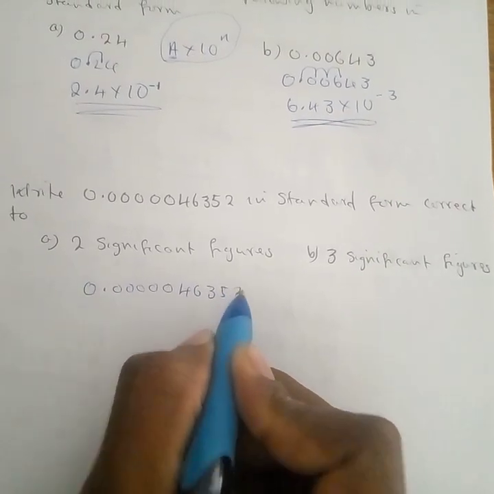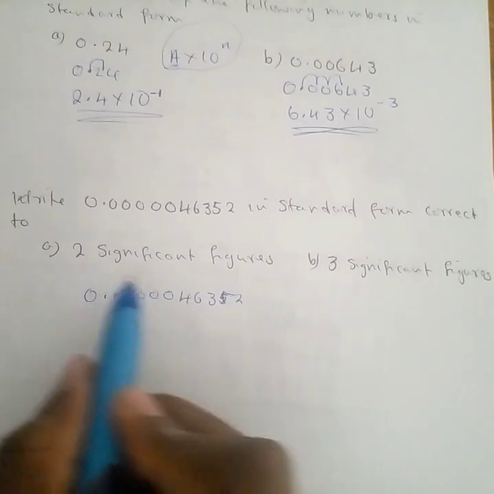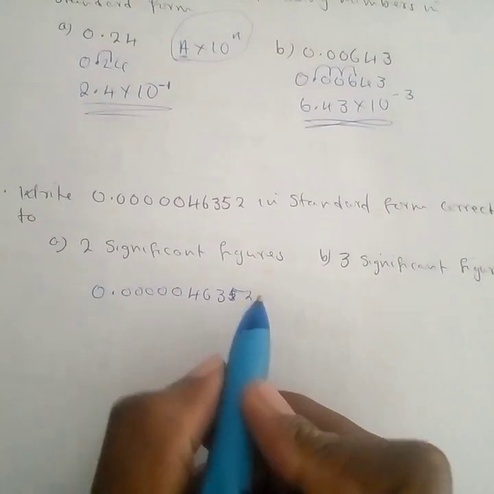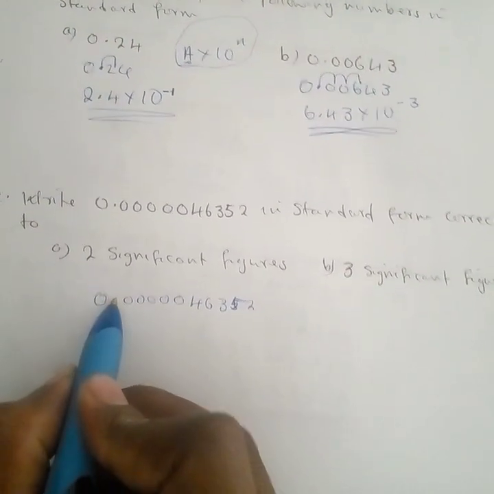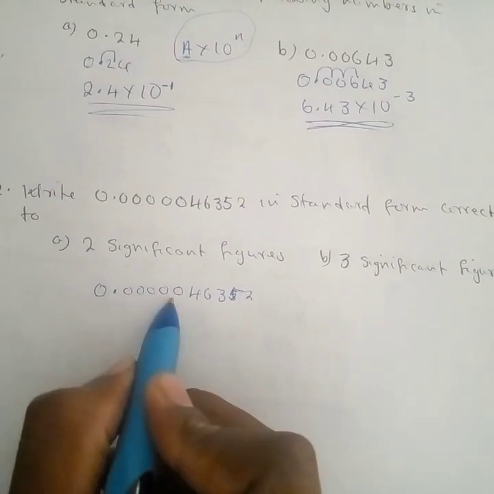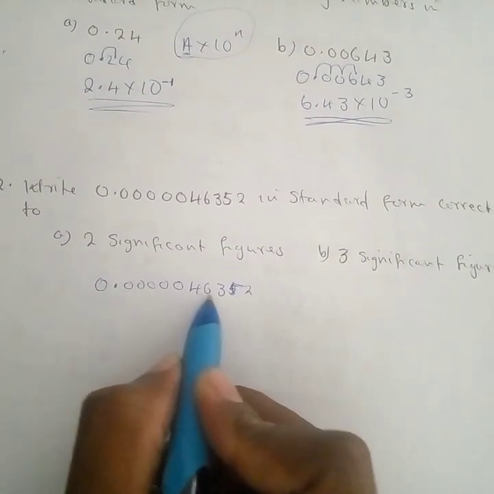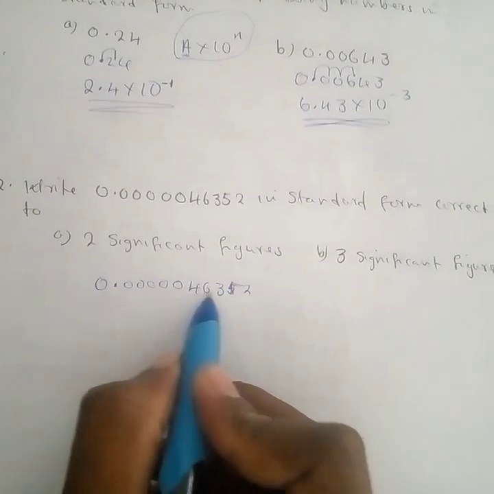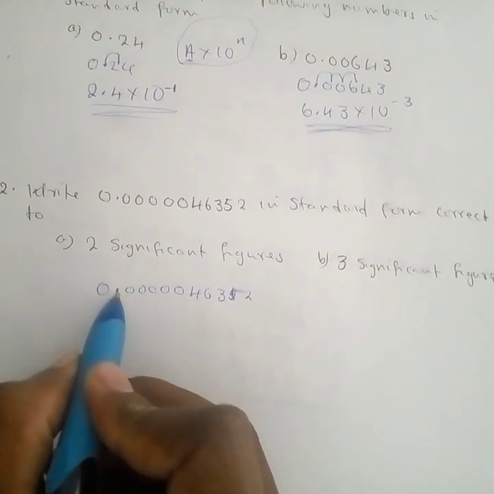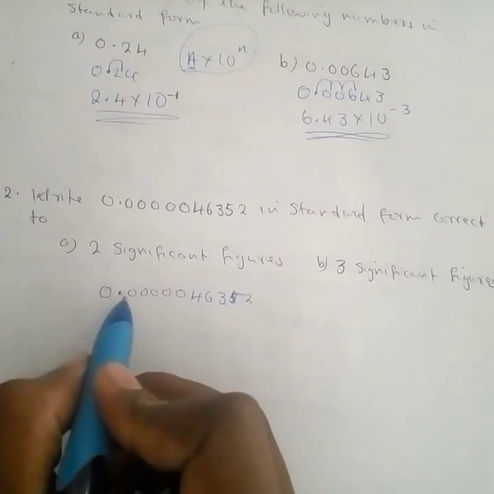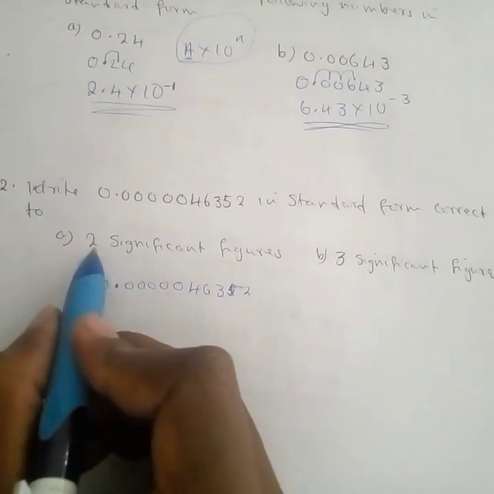Now, to 2 significant figures, we should always round off. How many times should we move the decimal? Remember, these zeros are not significant, so it means that we cannot count them. The significant values start from 4, 6, 3, 5, 2. These are the significant numbers. So we are going to move the decimal point in standard form, correct to the number of significant figures being asked, which is 2.